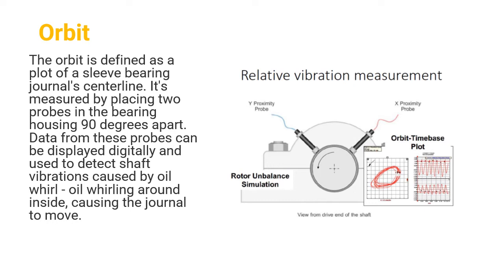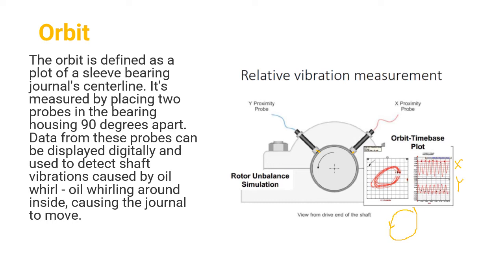So this is an X vibration probe, and this is a Y vibration probe. As the machine is rotating, two plots are being generated, maybe this is X, this is Y, and these two can be combined into a single plot, and it looks like an orbit. That's why it is called orbit analysis.